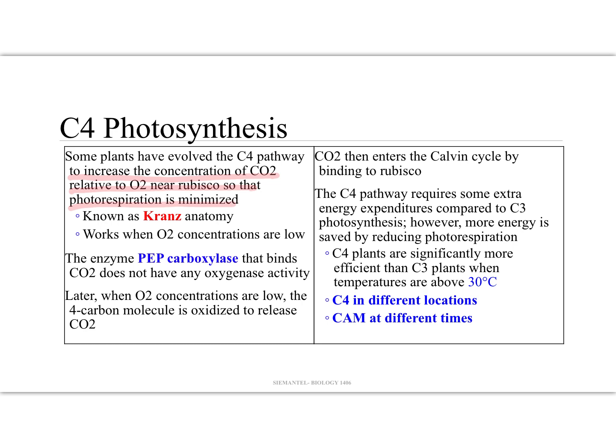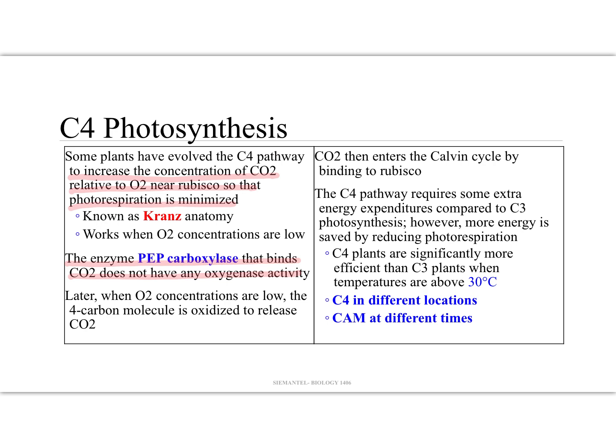It's known as Kranz anatomy, and it works even when oxygen concentrations are low. So instead of using Rubisco alone, C4 plants also use the enzyme PEP carboxylase. And PEP carboxylase doesn't have Rubisco's issue. PEP carboxylase is going to bind carbon dioxide every single time. It has no affinity for oxygen whatsoever.